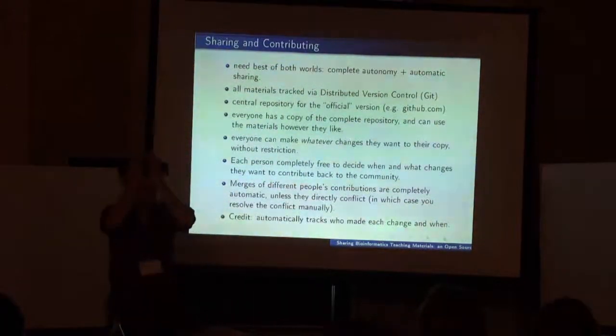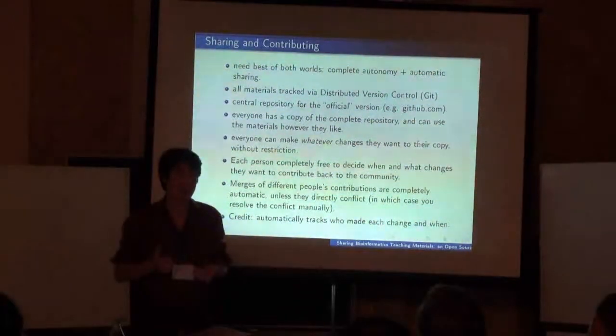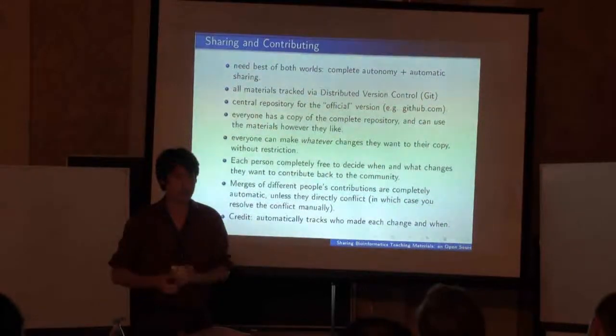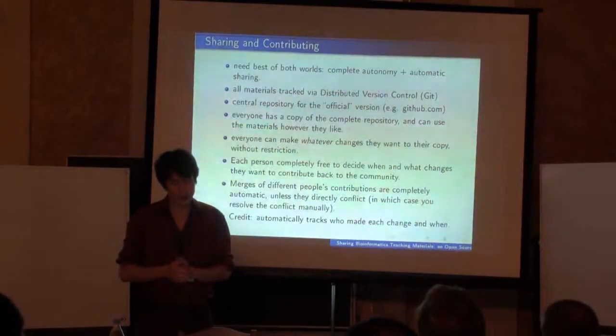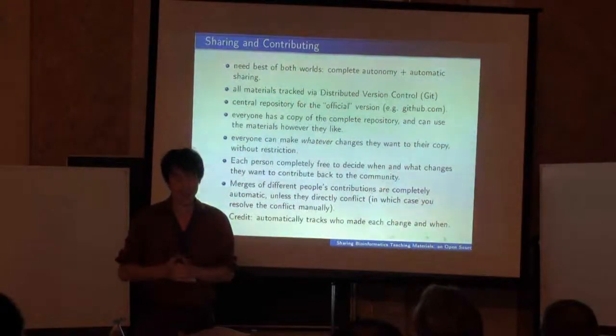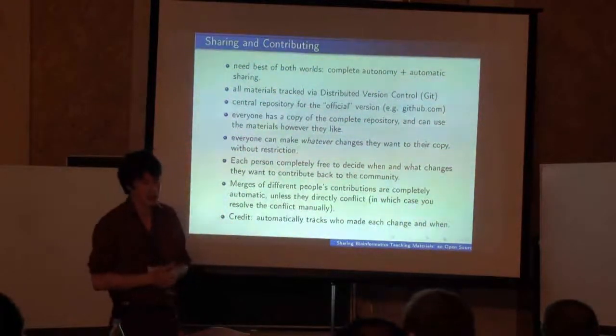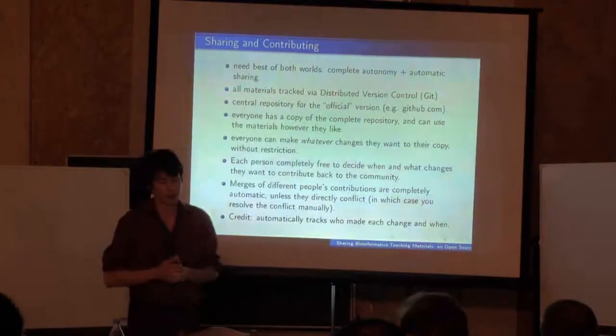And what I would propose is that this is something that should be shared through distributed version control. That is to say, everybody has a complete copy of the total repository, can use the materials however they like, make changes however they like, and then decide when and what changes they want to contribute back to the community repository.